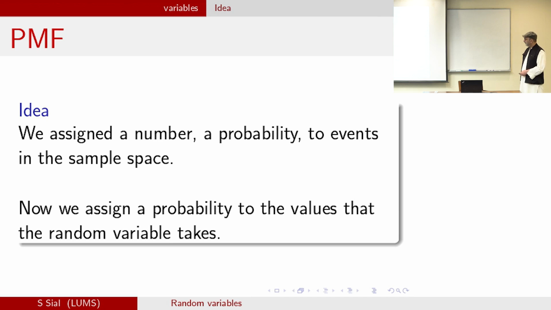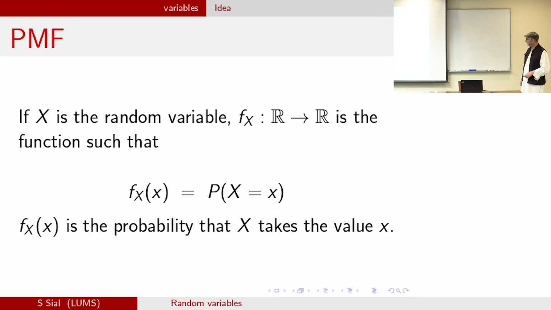So this will assign a probability, which is the probability that a random variable takes a value of a particular real number. So this is the idea. Let's say I have a discrete random variable capital X. It's a map from the sample space to the reals. Now I'm going to have what I call a probability mass function.